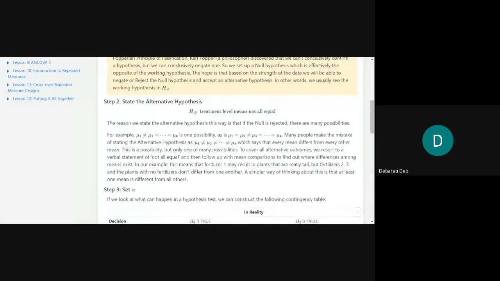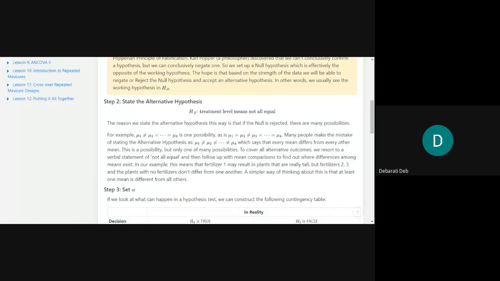Altogether they state this. Okay, but this is wrong, which means that one mean differs from every other mean. This is obviously a possibility, but only one of the many possibilities.